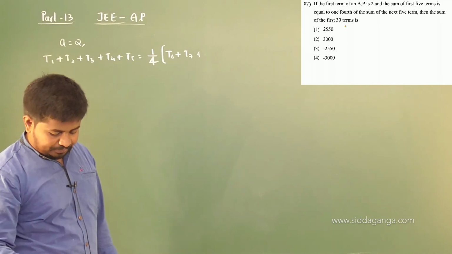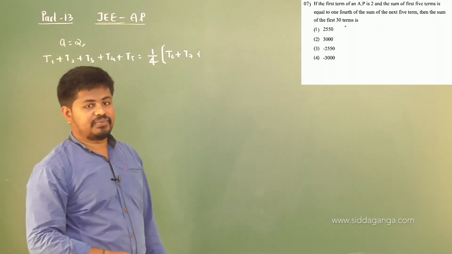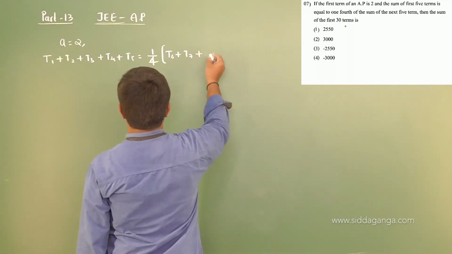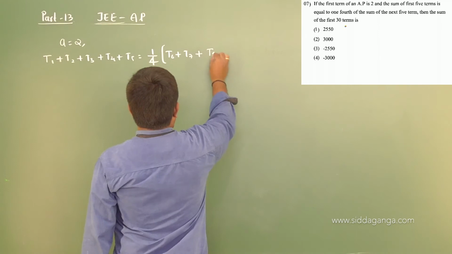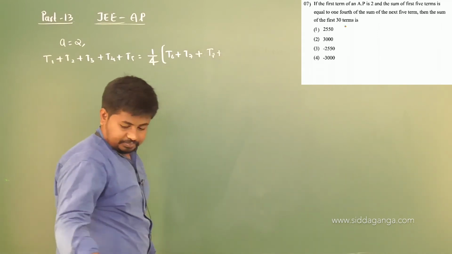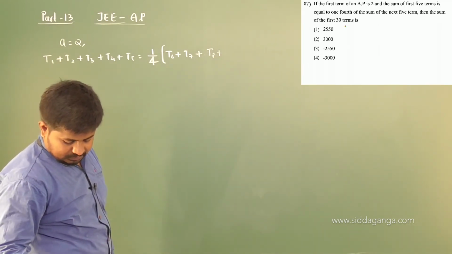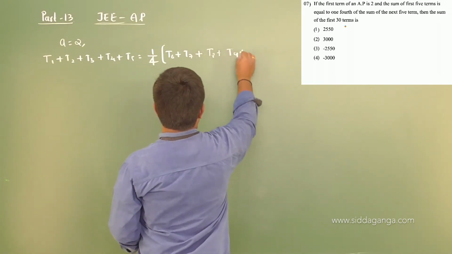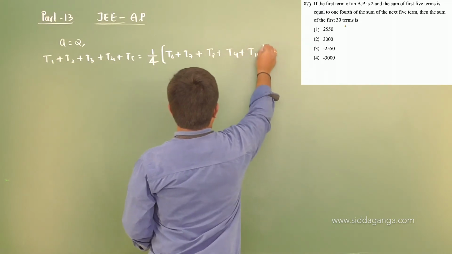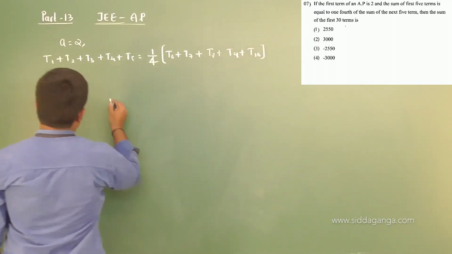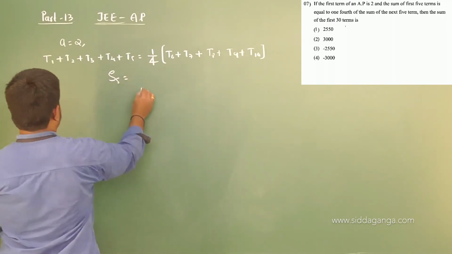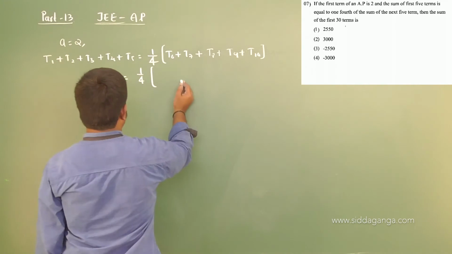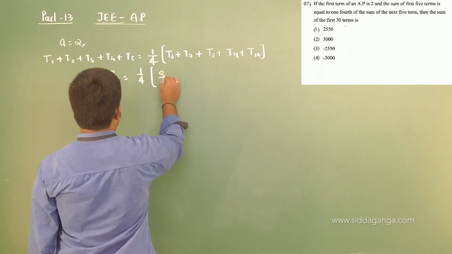Students, I said before, to find the sum of n terms, you need to know n, a as well as d. Here a is given, we have to find d. So further, this is the data given. Sum of the first 5 terms, S5, is equal to 1/4 of the sum of the next 5 terms, nothing but S10 minus S5.